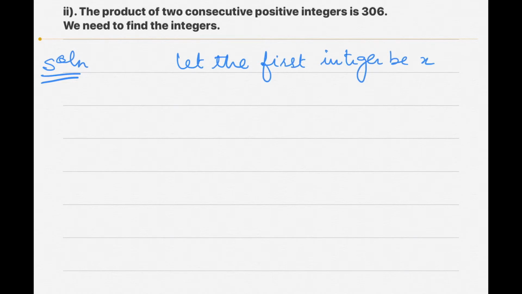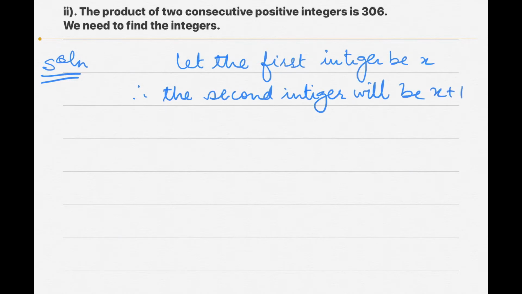Consecutive means the next one, so the second integer will be x plus 1. Now they say the product of the two integers is given to me, so my product is equal to x into x plus 1, right? And this is equal to 306.